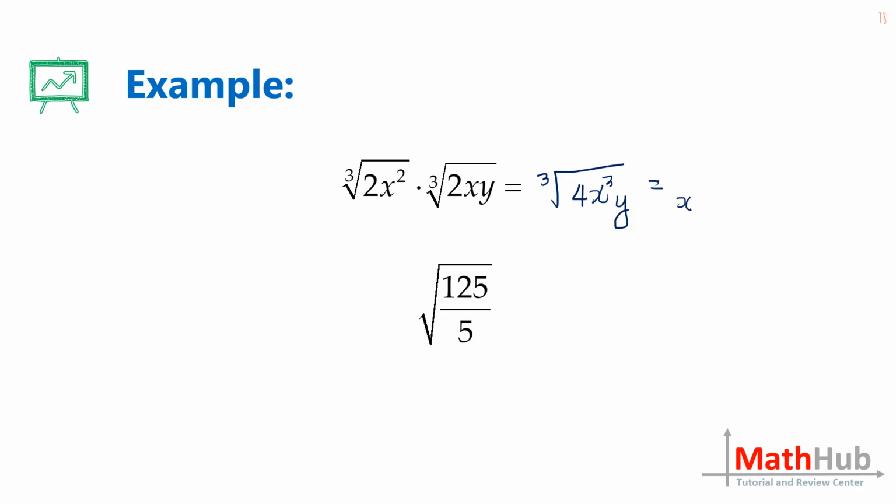Let me just erase the 3 there. All right. So we have x cube root of 4y. And for this one, square root of 125 over 5, take note that you can simplify the radicand first.